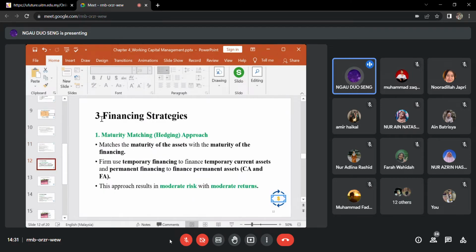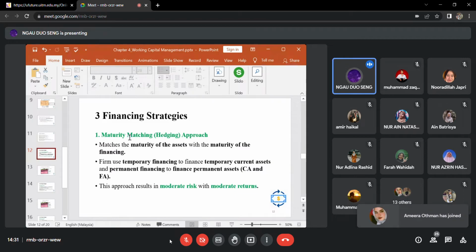All right, here we have 3 financing strategies a company will use. So here we have a maturity matching approach, or sometimes they call it hedging approach. You match the maturity of the asset with the maturity of the financing.